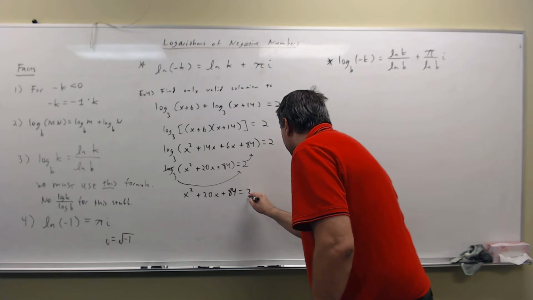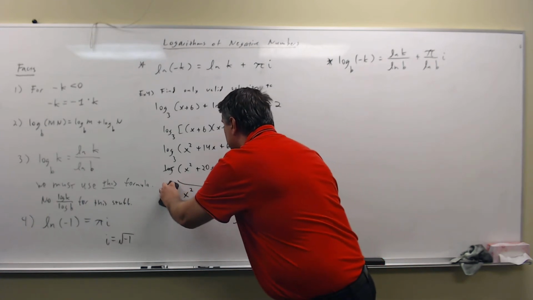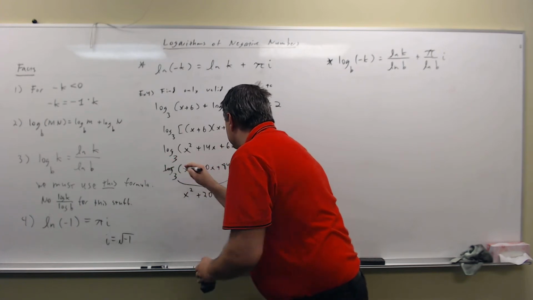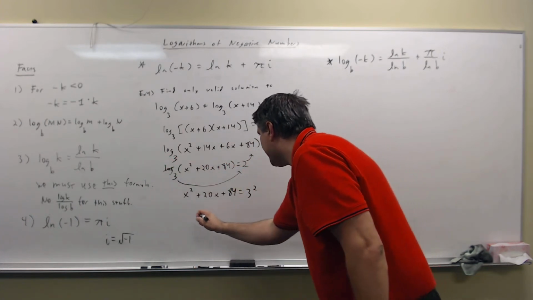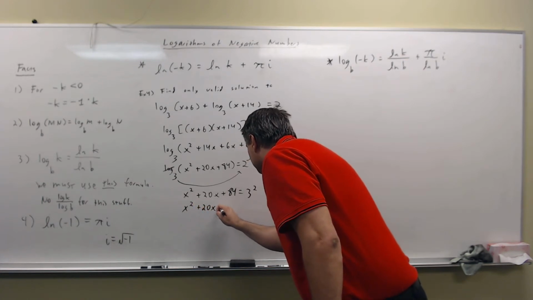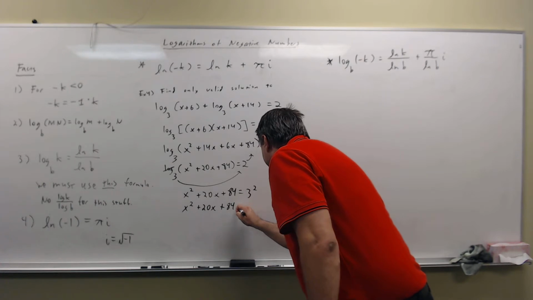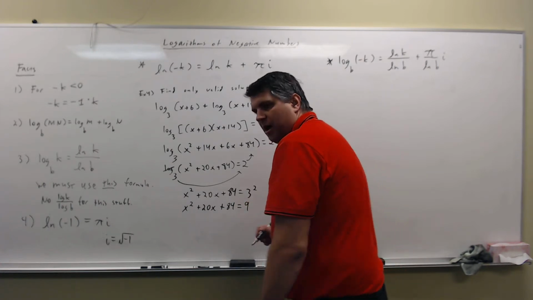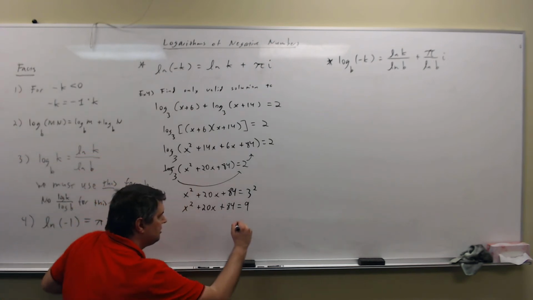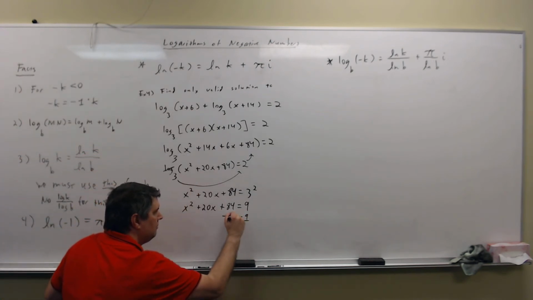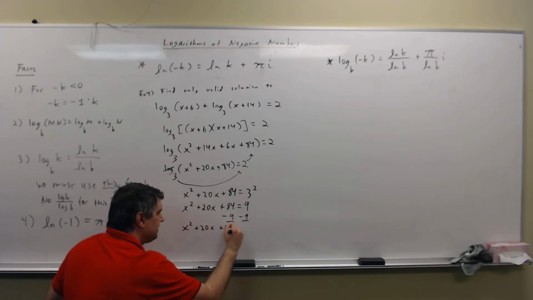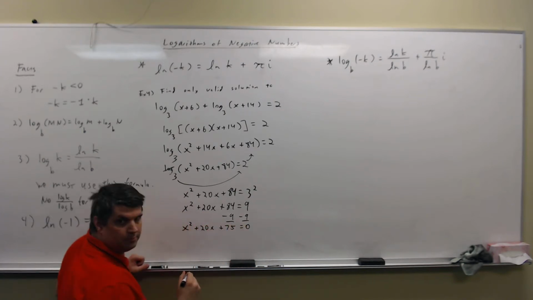So 3 squared, and that's x squared plus 20x plus 84 equals 9. Subtract that 9, and I have x squared plus 20x plus 75 equals 0.